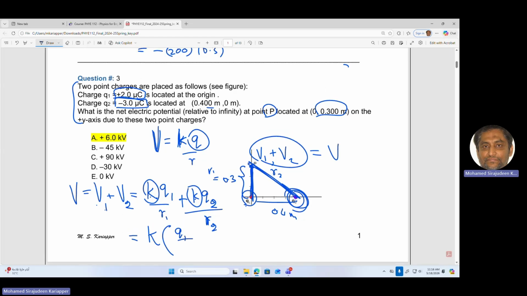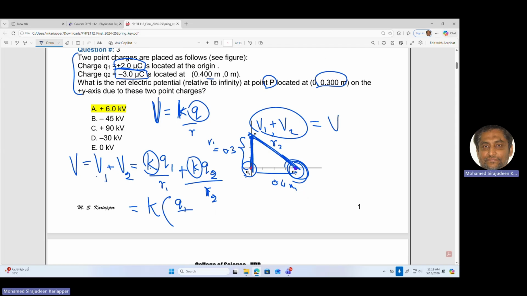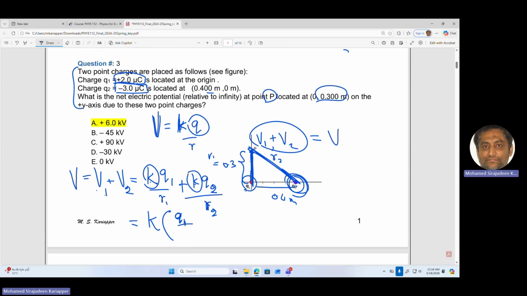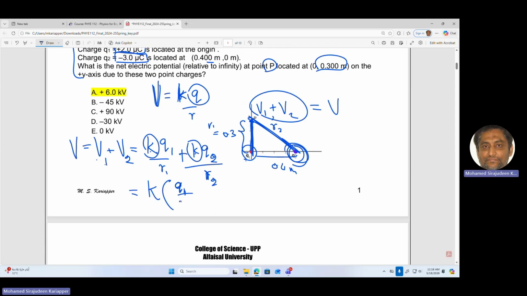It will make the calculation faster, more efficient. Now let me put the values. I'll not put the value for k, it's long. So these are the ones you need to make sure we don't make a mistake.